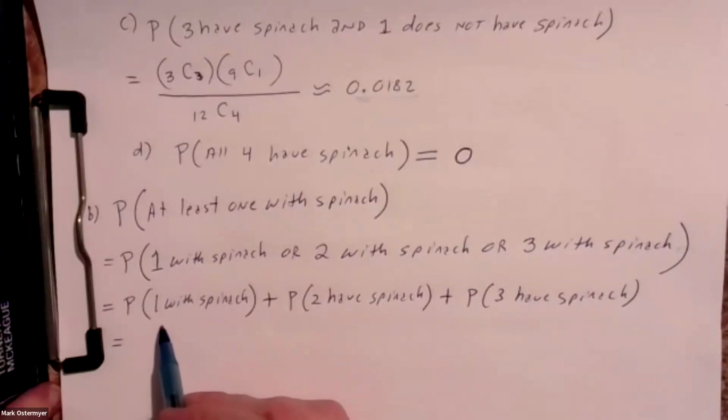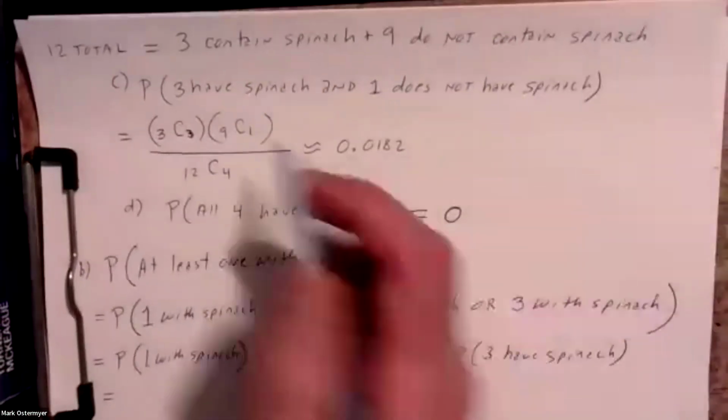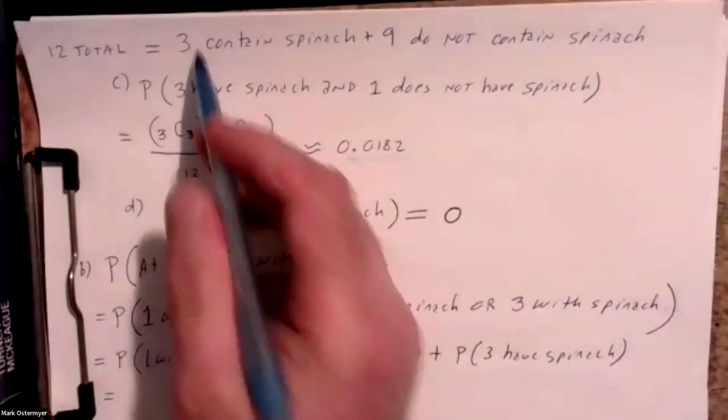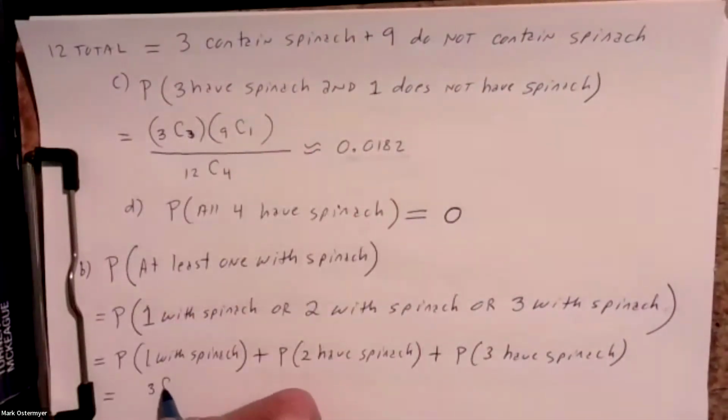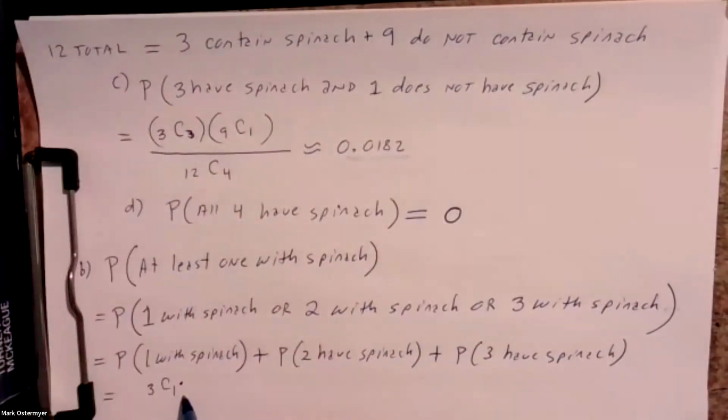What's the probability that one has spinach of the four selected? Well, how many ways can I choose one with spinach from three that are available that have spinach? That'll be three in combination with one way, correct? Times, ladies and gentlemen, if I can choose only one that has spinach, then that means the other three of the four randomly chosen entrees from 12 must not have spinach.